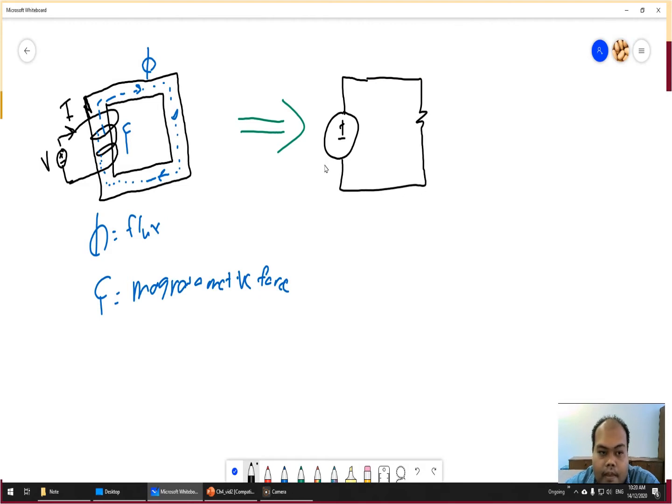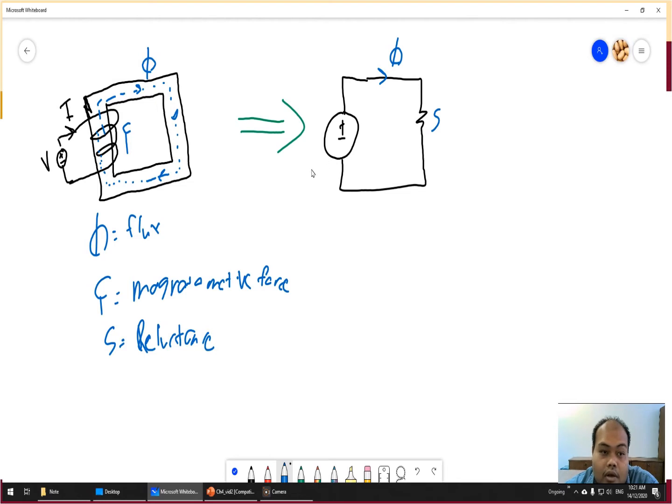This one is basically the flux. Usually we use current, but now we change it to flux. And instead of using R, we call it S. S is reluctance.